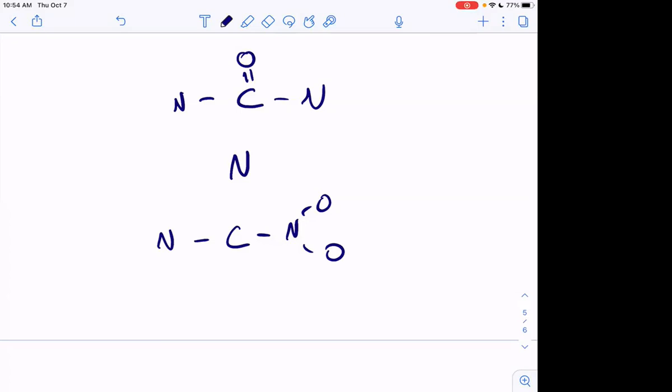Because we only have what? We say 26 electrons. Our carbon doesn't have its bonding yet either, right? It's only got 2 bonds. It needs 4 bonds. But you don't want to put a double bond here because nitrogen's already got 3 bonds, right?